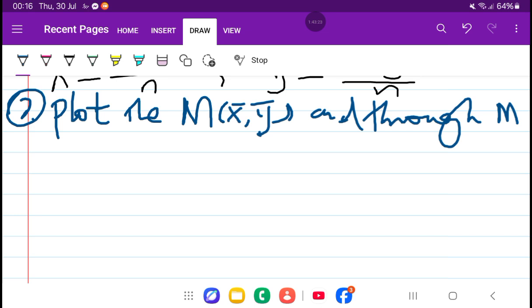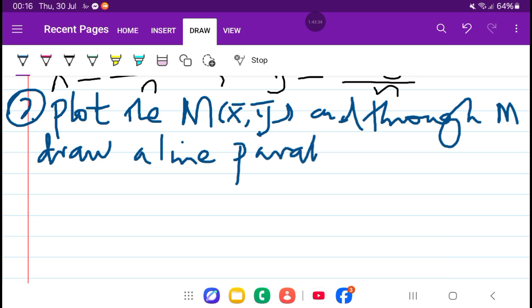And now through M, you draw a line parallel to the y-axis. It is not going to be parallel to the x-axis.